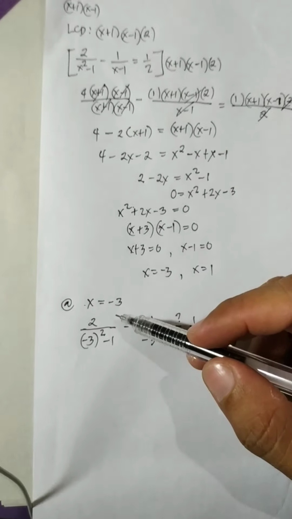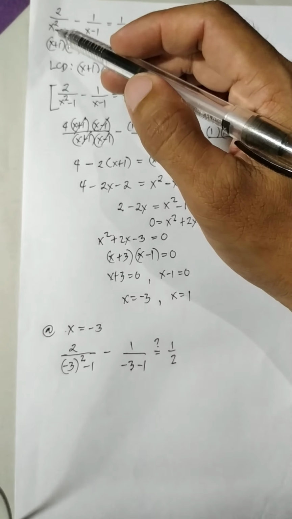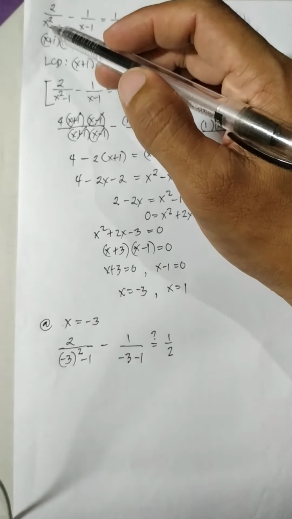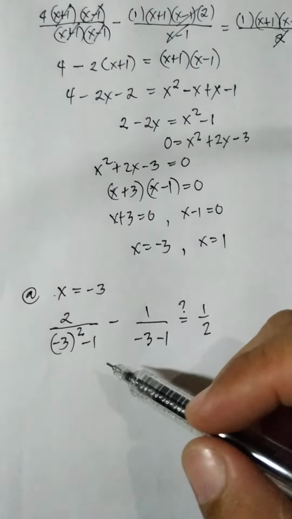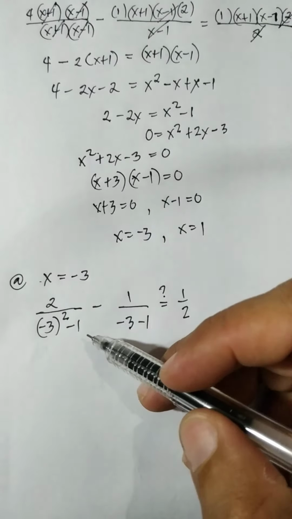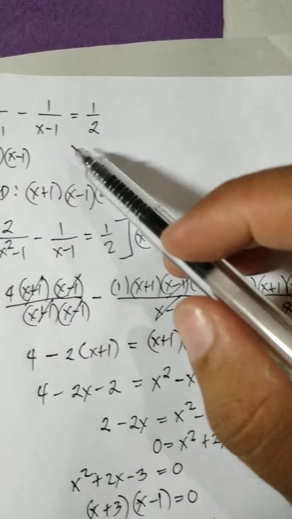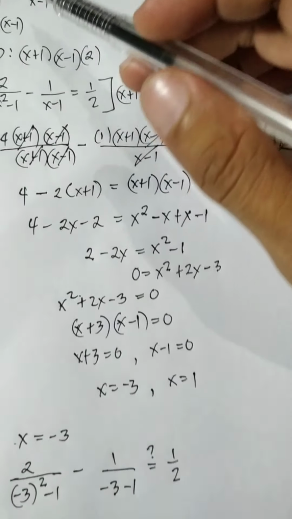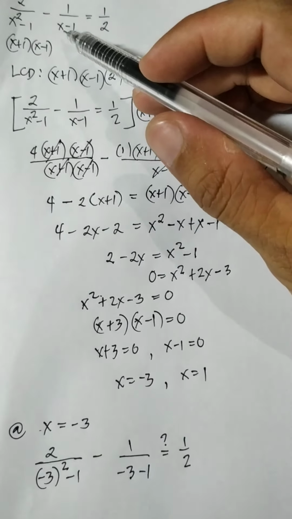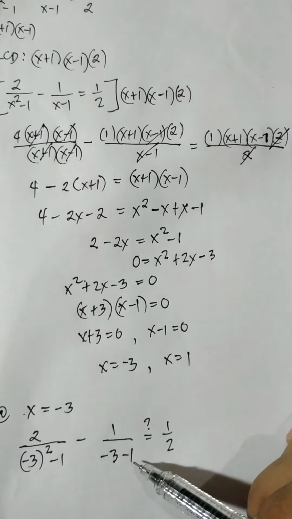In the original equation, x is replaced with negative 3. So therefore, we have 2 over negative 3 squared minus 1, minus 1 over negative 3 minus 1.